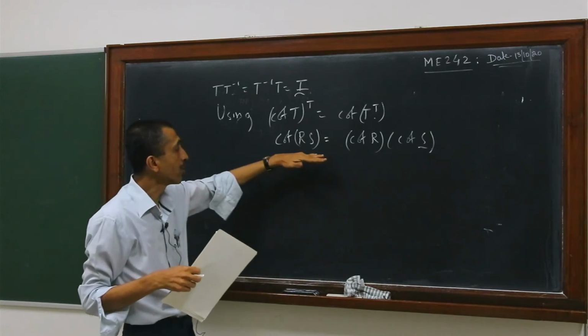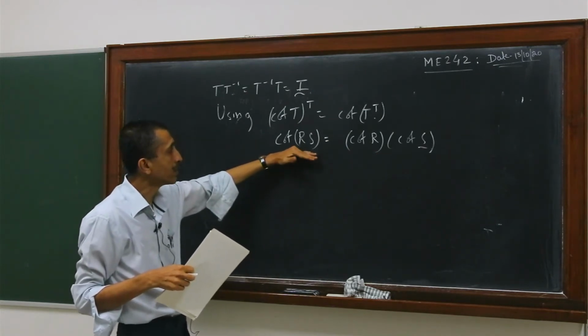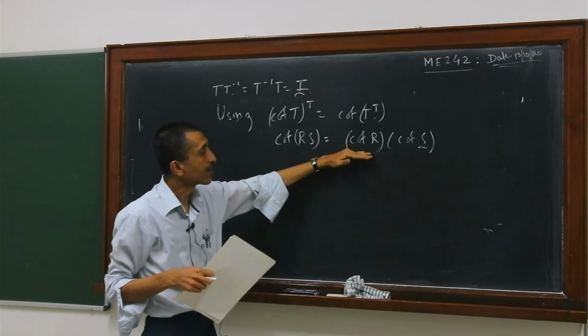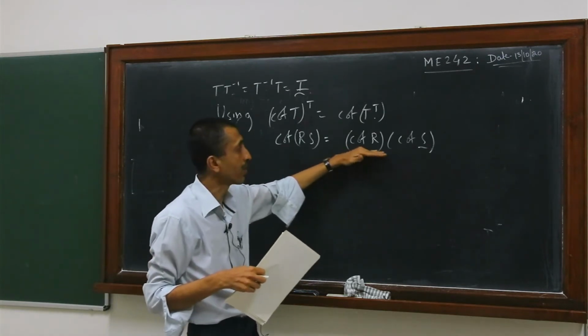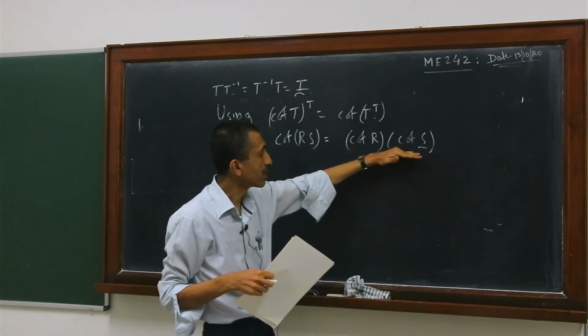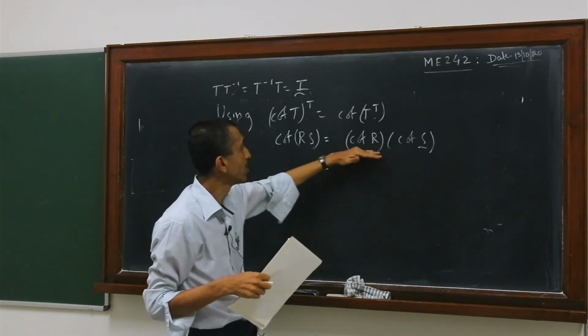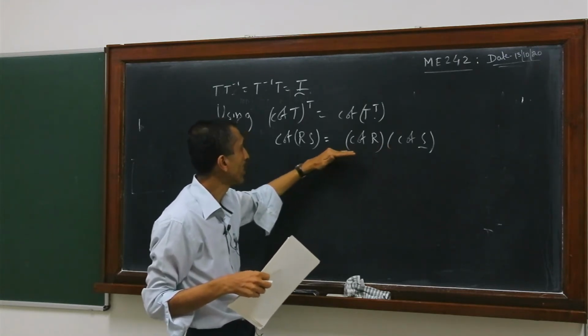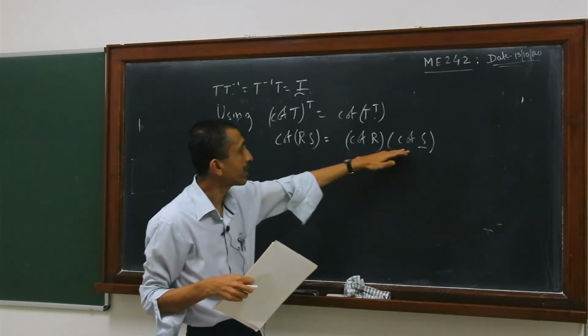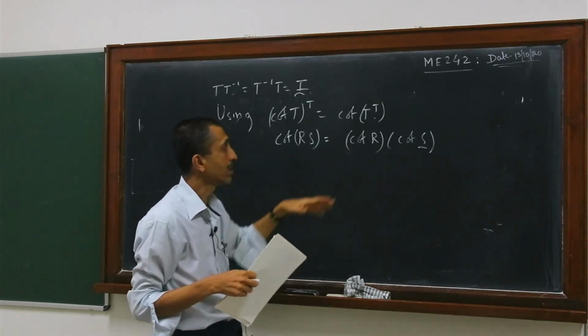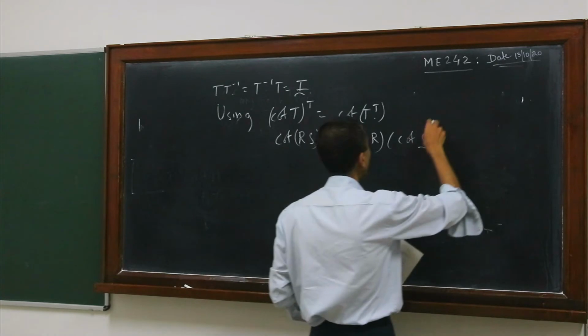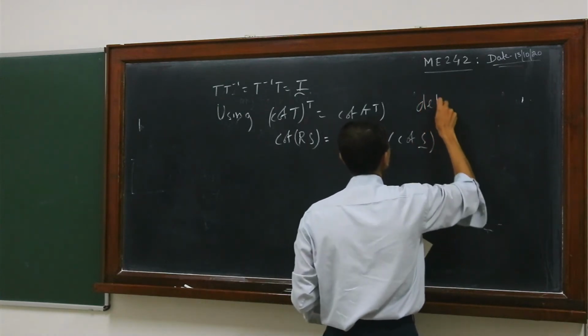Here again you have to be very careful. This cofactor of R is a second order tensor, and cofactor S is also a second order tensor. So you cannot interchange the order in which you write this. So for example, you cannot write this as cofactor S times cofactor R. In the case of determinants you can do that because there it's a scalar.